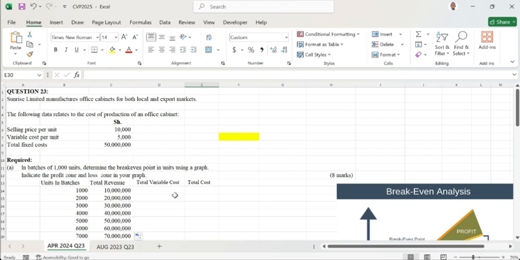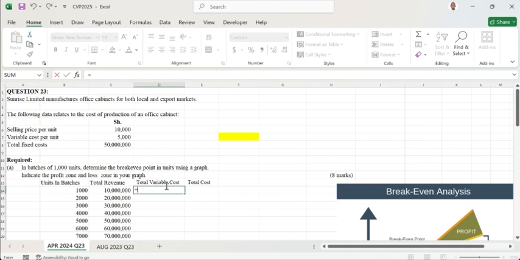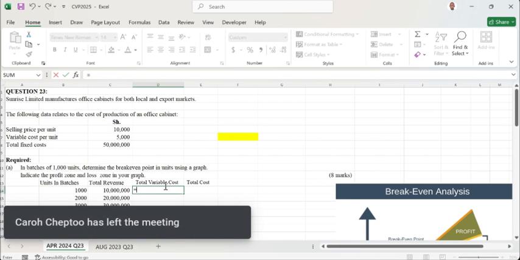This one goes to Caro. How do I get the total variable cost, Caroline? How do you get the variable cost for the 1,000?